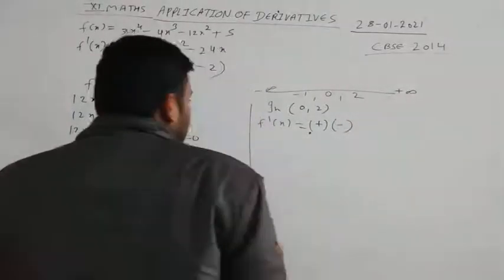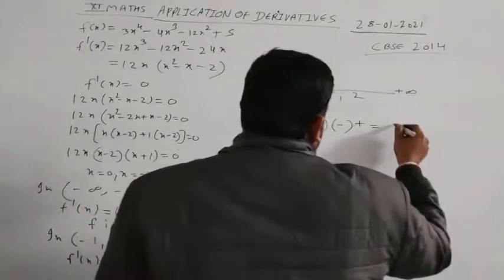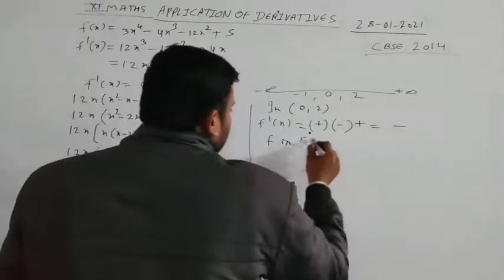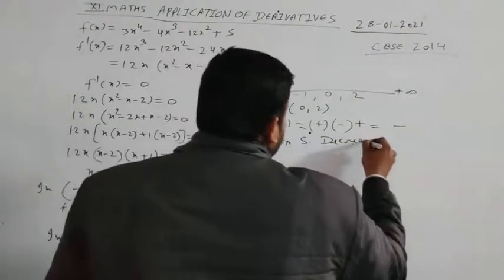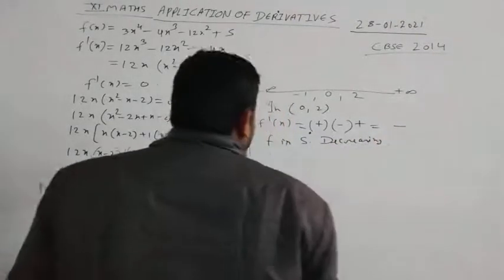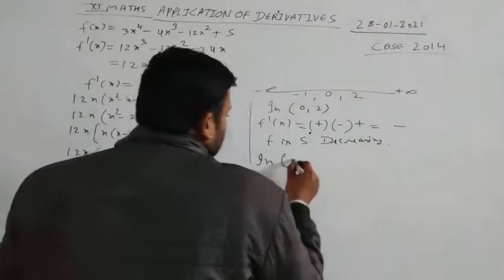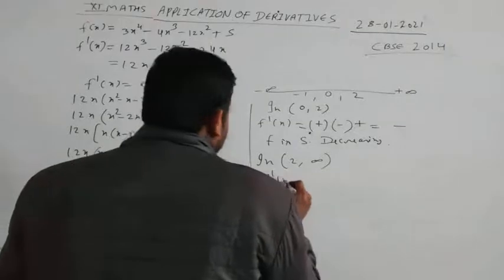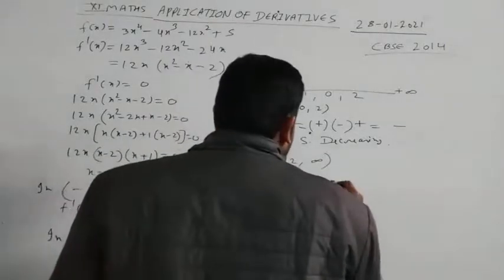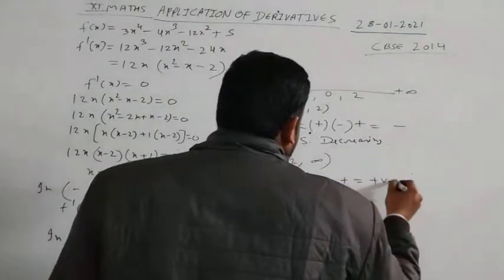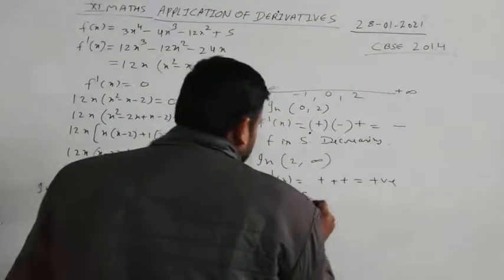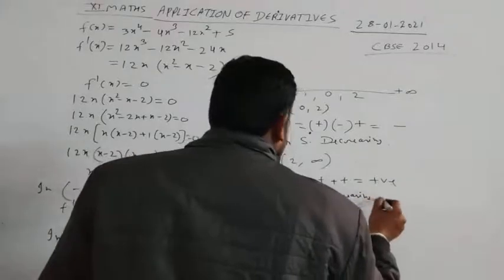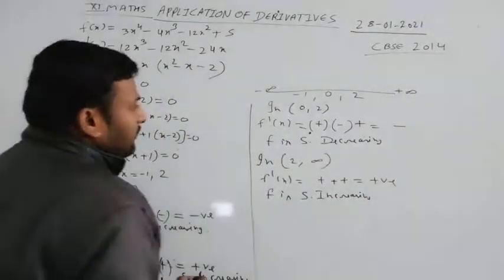So the function is strictly decreasing in this interval. Now the fourth interval is 2 to infinity. Here f dash x is positive, positive, positive. So the function is strictly increasing in this interval.